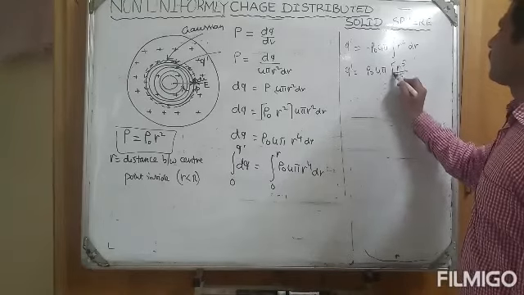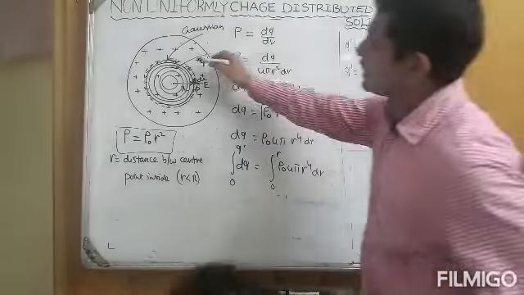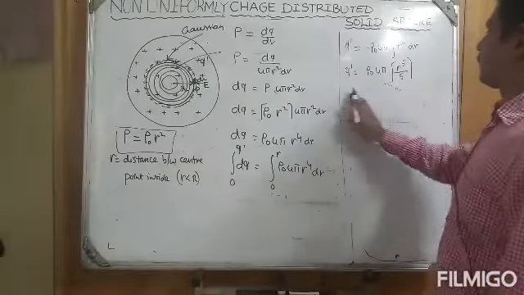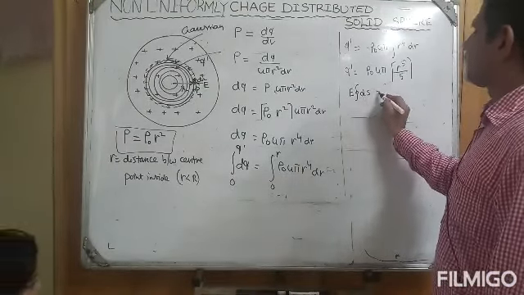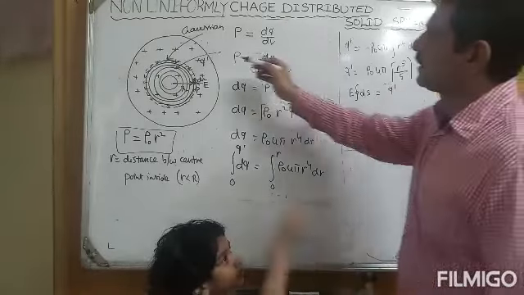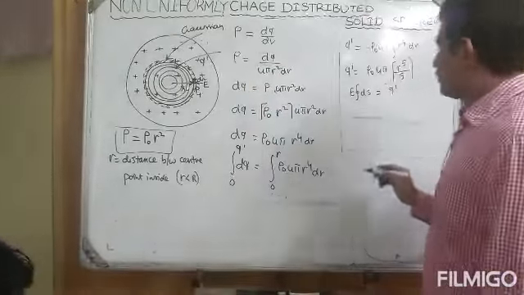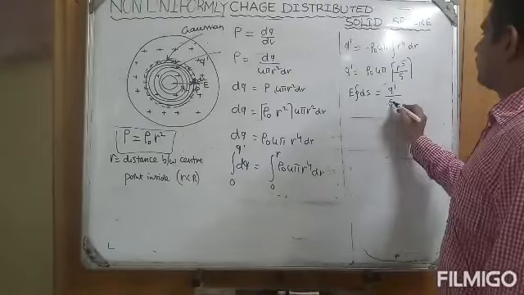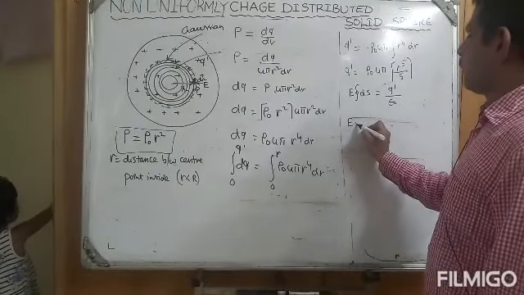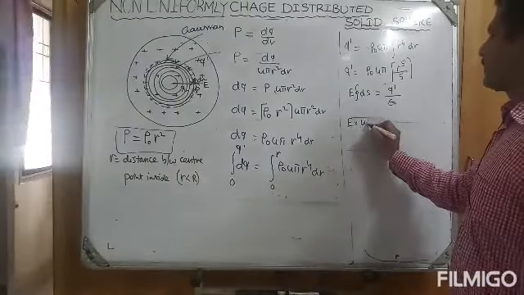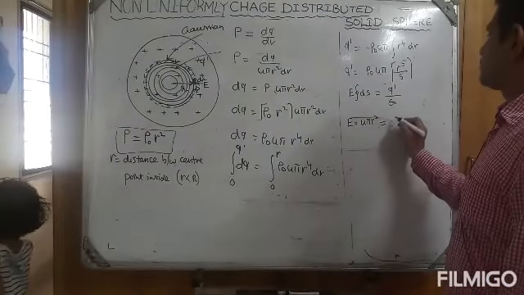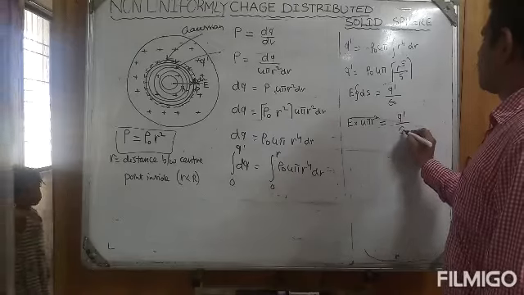I think you know how much charge is inside the Gaussian surface. Now you can apply Gauss law: epsilon naught E into the electric field intensity inside the Gaussian surface, 4 pi r square, is equal to q dash by epsilon naught.